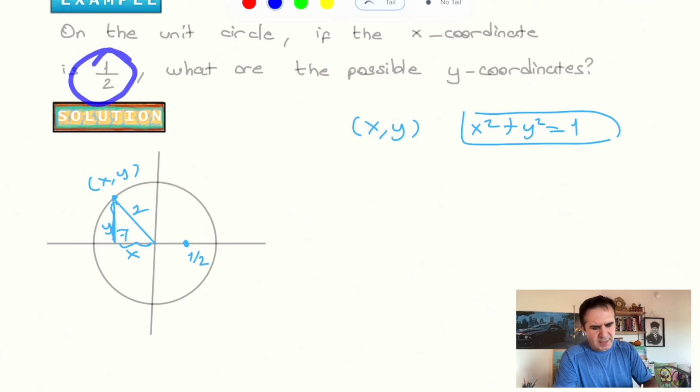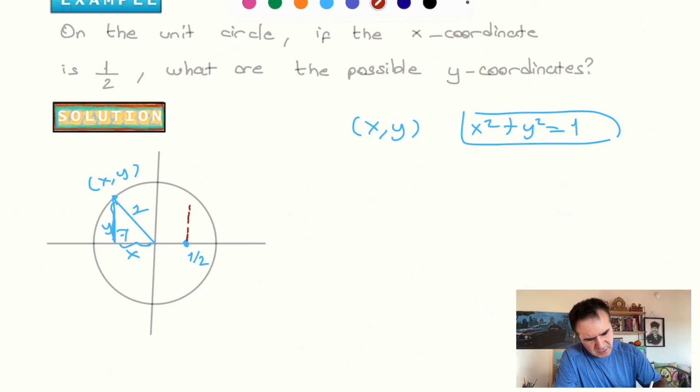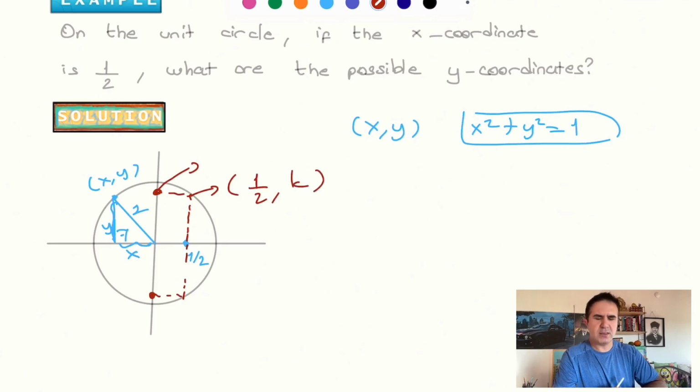We are given the x coordinate and it's 1 over 2. To find the y coordinate, this means the y coordinate will be here and here. Let's say the x coordinate is 1 over 2 and the y coordinate is k.